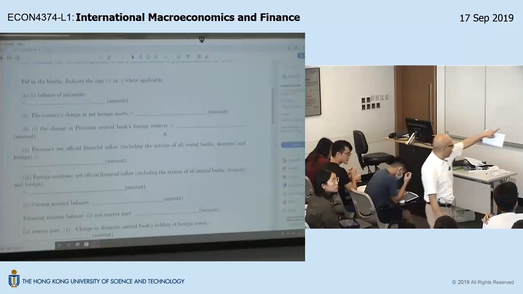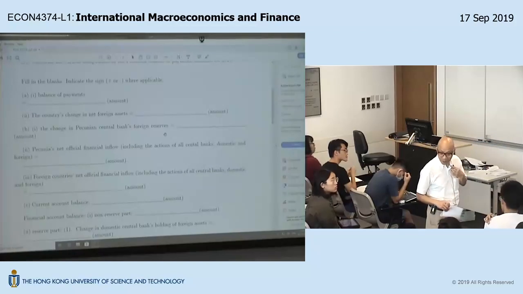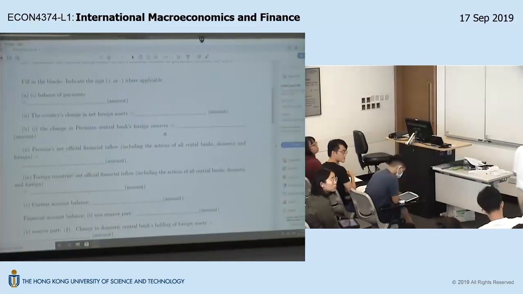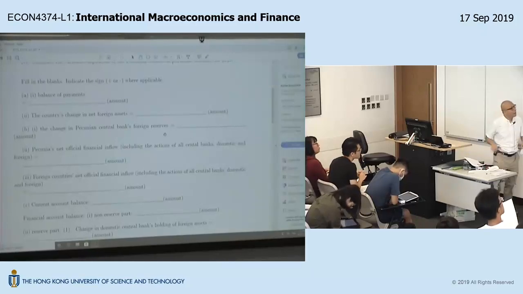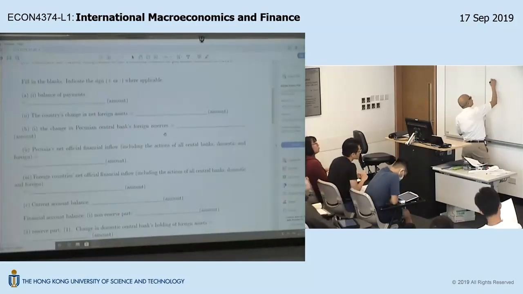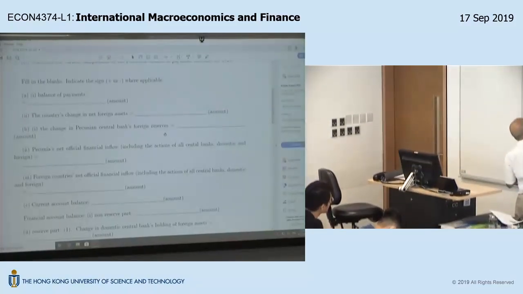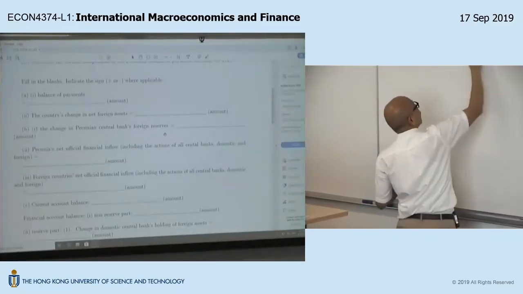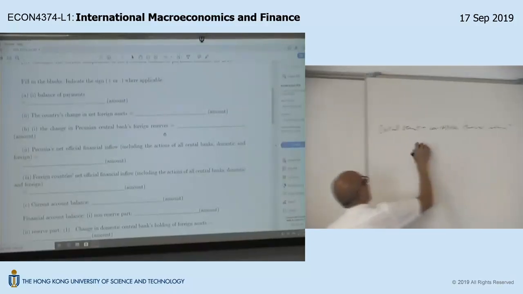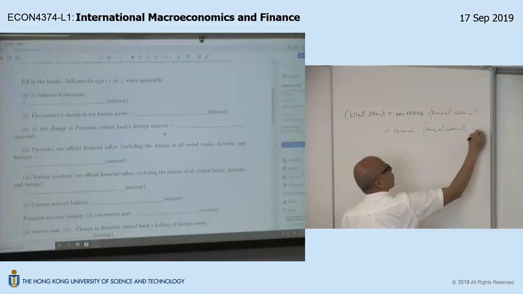Well, that is exactly why the question in B1 asks you to find a number so that it sums up to 0. So the idea is that to answer B1, you will have to invoke the identity that current account plus the non-reserve financial account plus the reserve financial account is equal to 0.